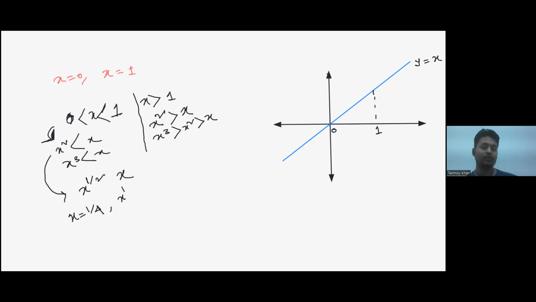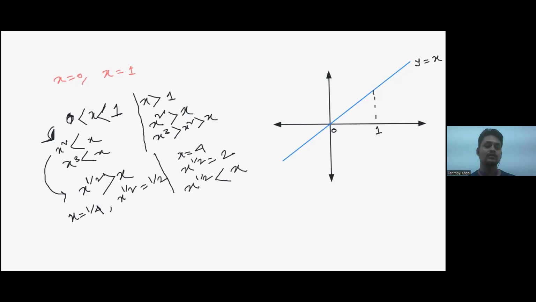Then x to the power half will be greater than x. And whenever x is 4, x to the power half will be 2, which is less than x. So whenever x is greater than 1, x to the power half is less than x, and in the 0 to 1 range, x to the power half is greater than x.